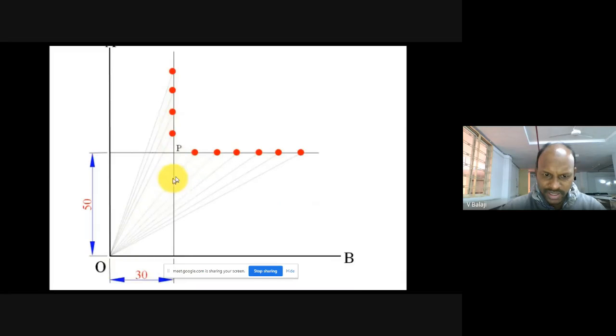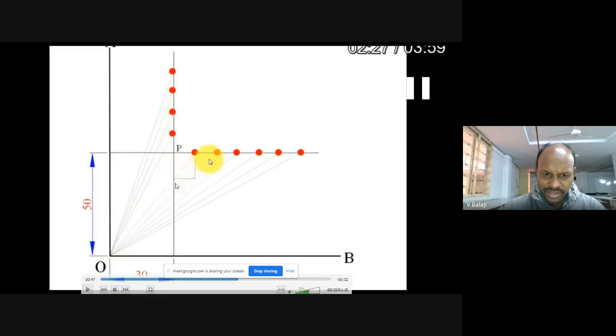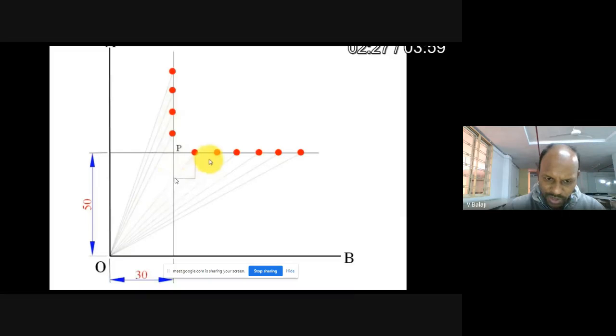Here, this is the first red point, right? From that point we have drawn one line meeting the origin point. I am calling it an inclined line. That inclined line is intersecting the line passing through capital P, which we have drawn already, at this point.